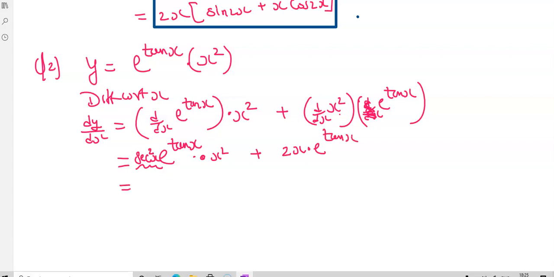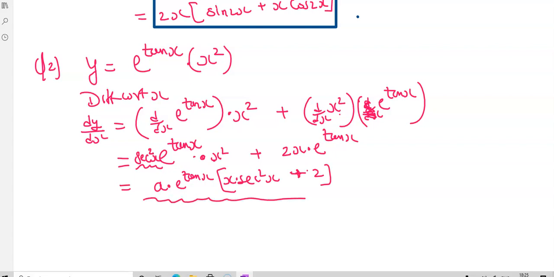Now you can take x into e to the power 10x common, it is 10 x square, and here we are left with 2. So this is the final answer.